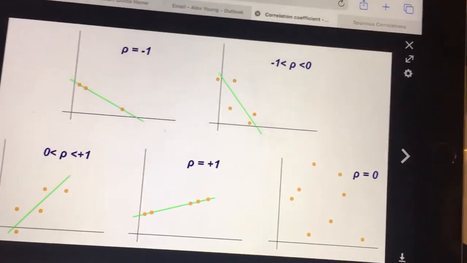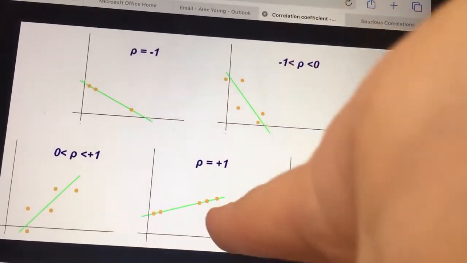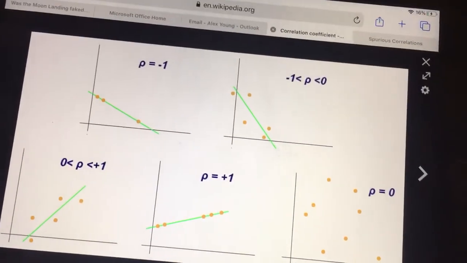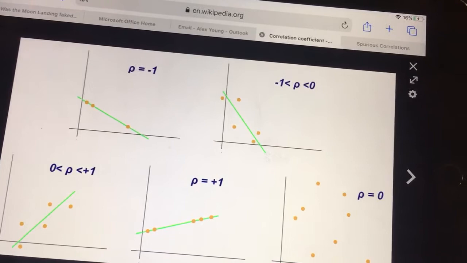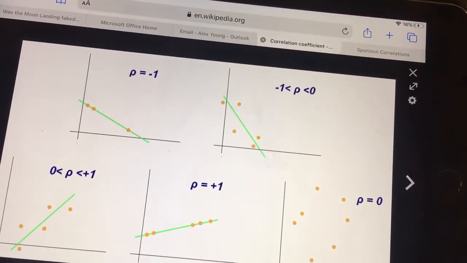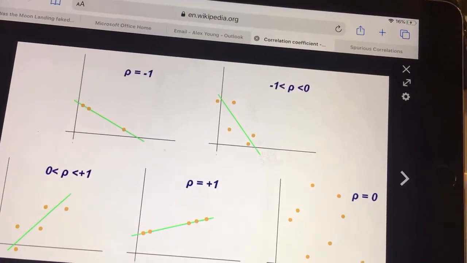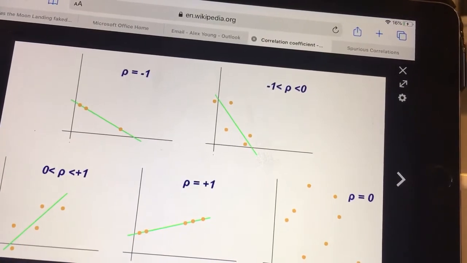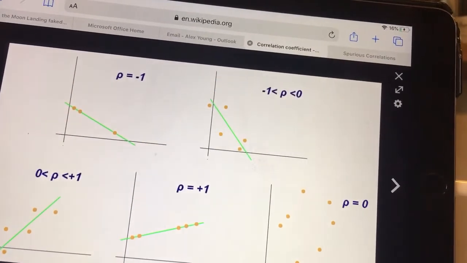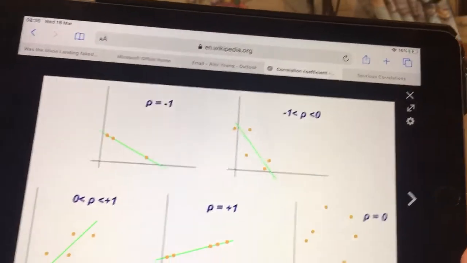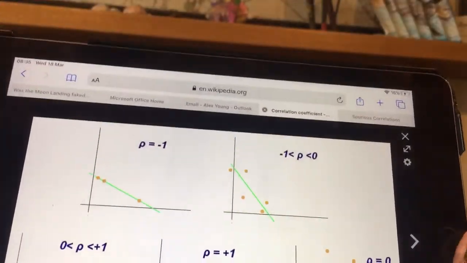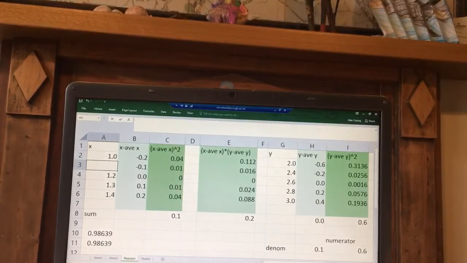Now we're going to say it's a positive correlation, and we're going to give it a number of how strong my evidence is. That's what we're going to try and do with our x and our y value. Now, Pearson's got its own problems, but you should get to the stage where you've at least attempted this.